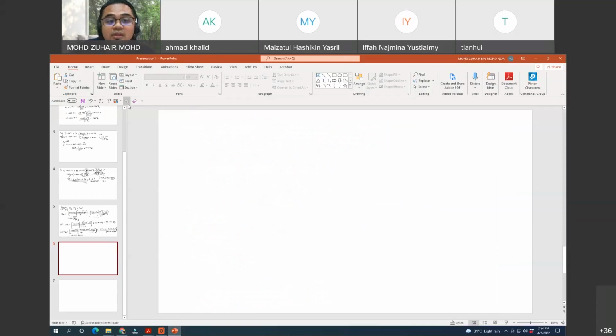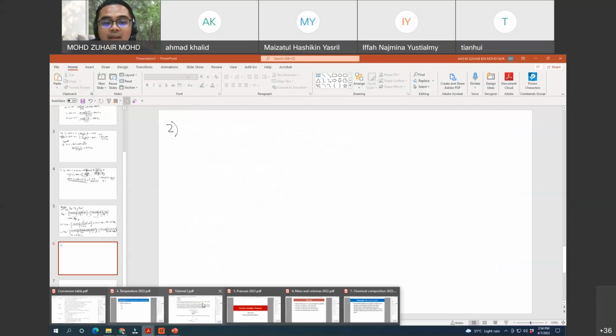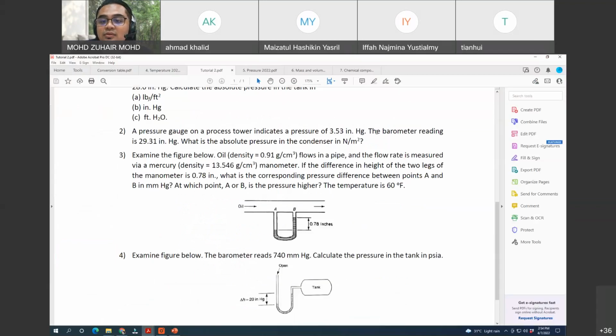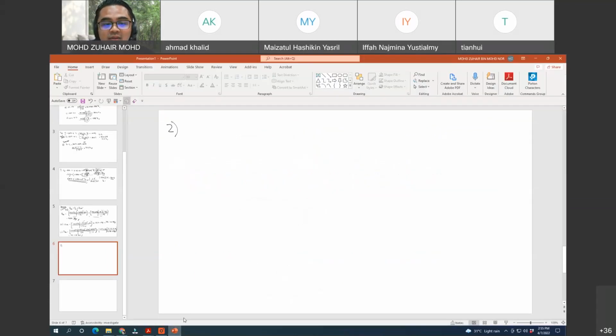Okay. So question two. It's about the gauge. Sorry. It already gives you the gauge and also the barometer reading. So the absolute pressure is the gauge plus the barometer reading. Simple.